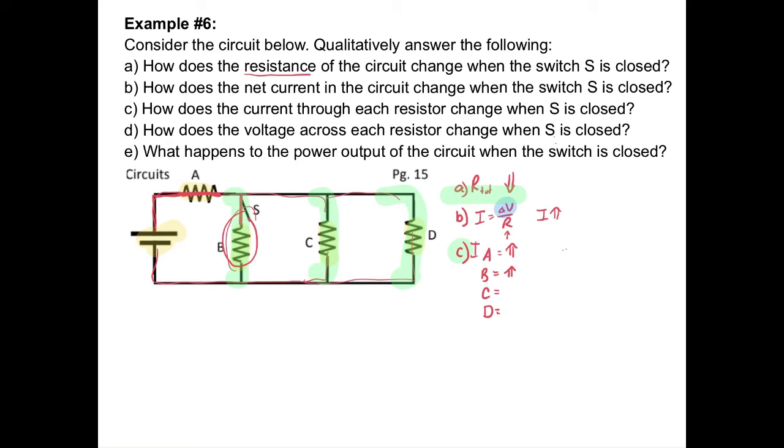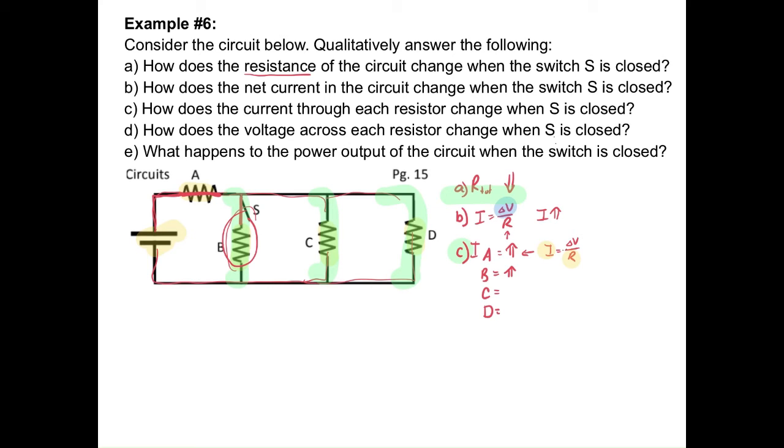So now we have to decide on C and D. The easiest way I can think of this is, well, we did just say that the current in A increases, and we know that current equals potential difference over resistance. So if your current just increased, and we know that the resistance of A doesn't change. Remember, resistance is a property of that resistor under these specific conditions.